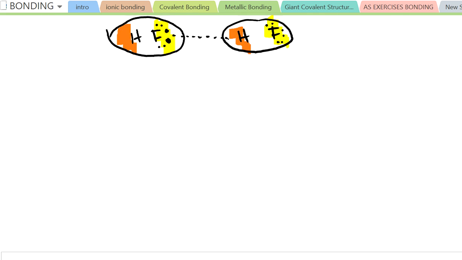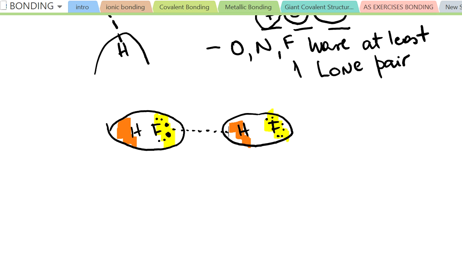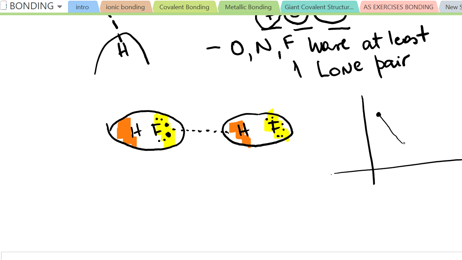That results in a higher melting and boiling point. So when you see, for example, the melting and boiling point of the elements in group 7, you're going to see the hydrogen fluoride up to here, then you are going to have the hydrogen chloride, this is hydrogen bromide, this is hydrogen iodide, okay?